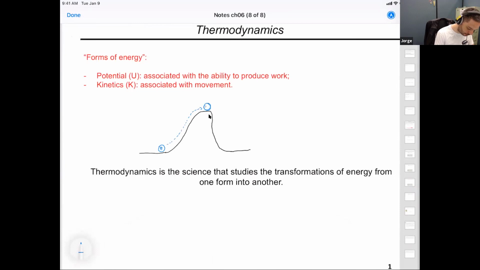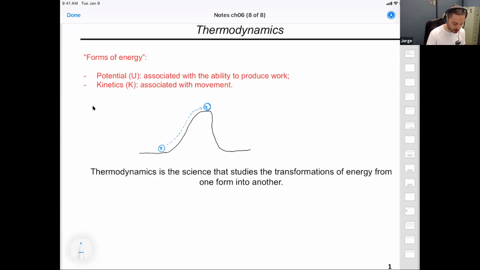now this body is in a position that we call metastable. So that means any disturbance in the system will get this body out of the equilibrium position.